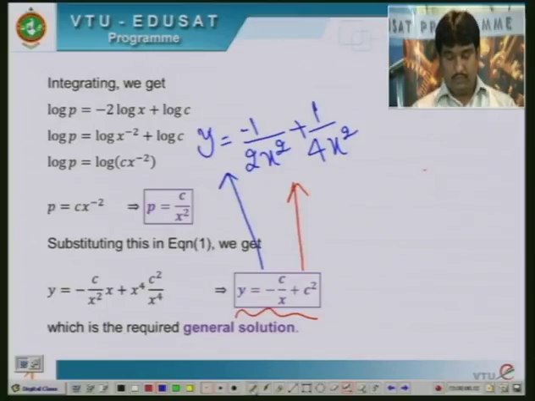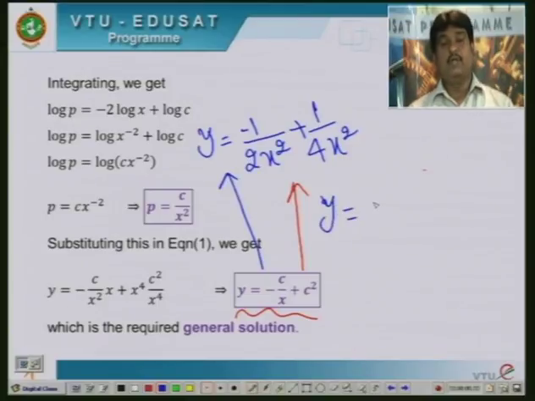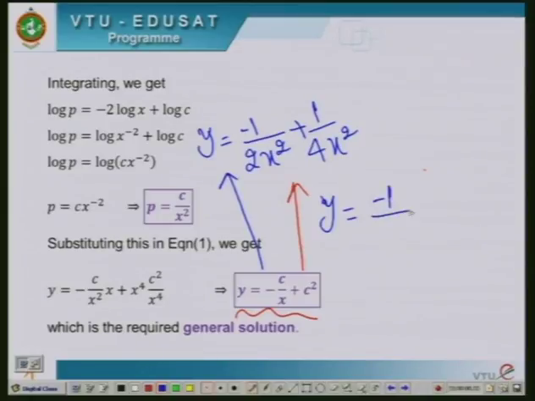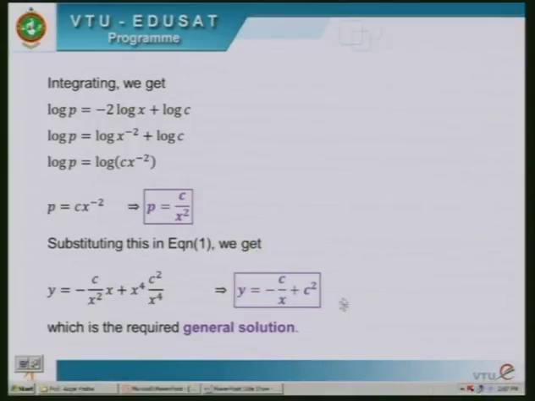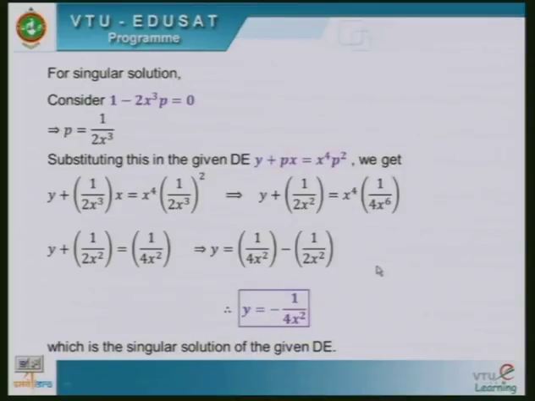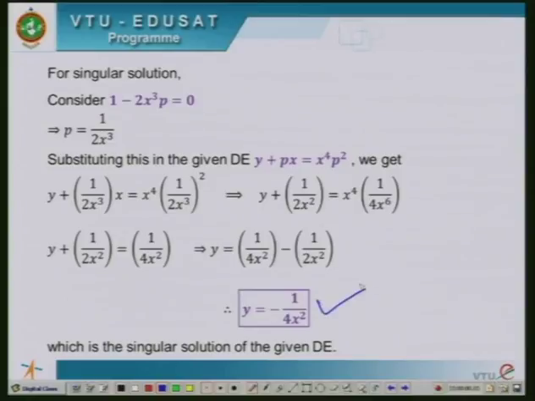Now simplify this, y equals minus 1 by 2 plus 1 by 4. You simplify this, you will get minus 1 by 4x square as the solution, which is the singular solution of this differential equation. You can see that this is true even in this case, y equals minus 1 by 4x square.